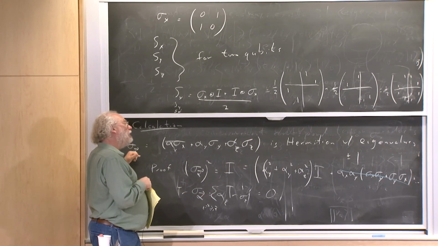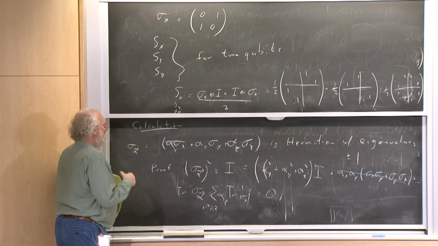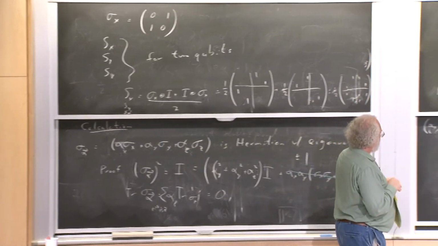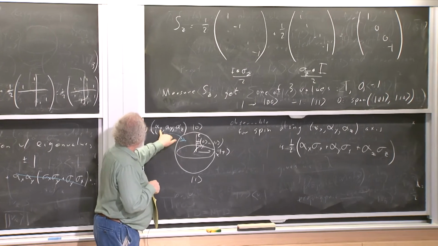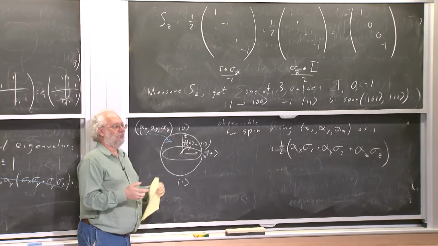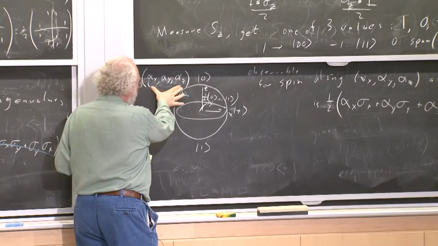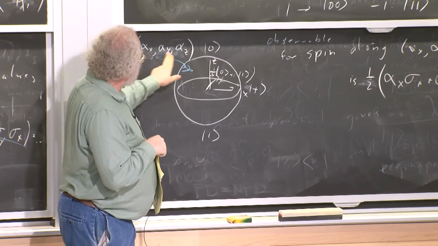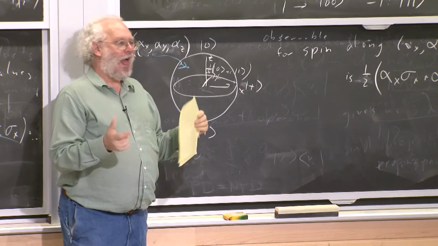So this is an observable for spin in some direction, and with some calculation you can show that the direction is (alpha x, alpha y, alpha z). But the other thing is that with this formula it essentially has to be, because it's true at x, at y, and at z.